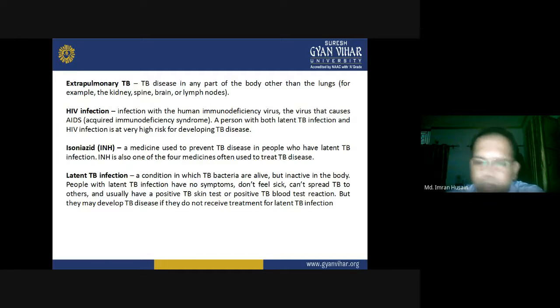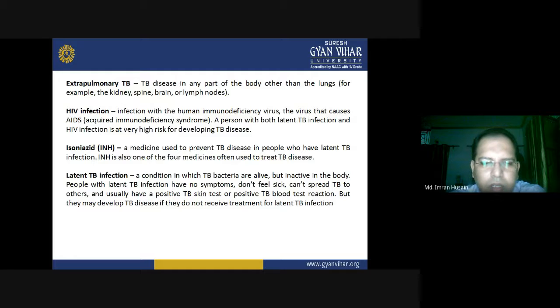Latent TB infection: a condition in which TB bacteria live but are inactive in the body. People with latent TB infection have no symptoms, do not feel sick, cannot spread TB to others, and usually have a positive TB skin test or positive TB blood test reaction.